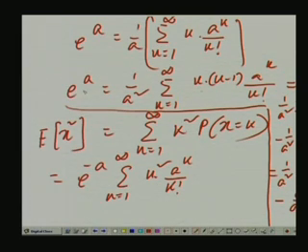And this is equal to e to the power a. So, what is this quantity? This quantity is appearing here. You take this to the left hand side, e to the power a is common. Okay. Let me write it here.